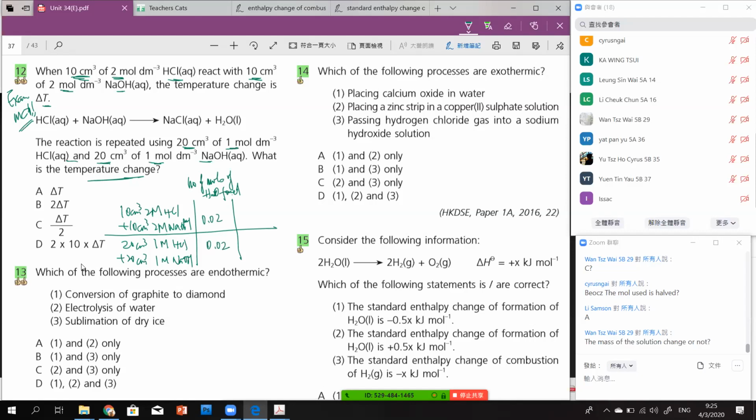The same. So the heat released, if you say this one is H, this one is also H, the same. But does the mass of the solution change or not? That is the question. Tell me, what is the mass of the solution mixture?